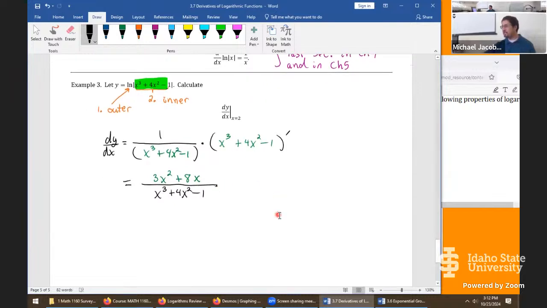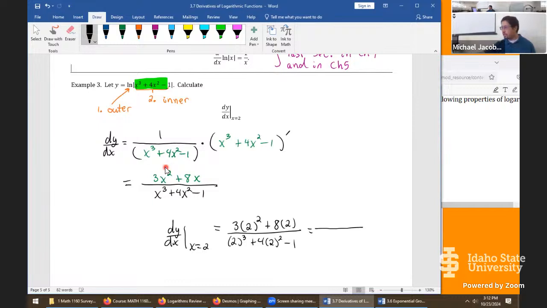Okay, well, here's our end answer to this then. The derivative of y with respect to x evaluated when x is 2 just means we're throwing 2 for x's. It becomes 3 by 2 squared plus 8 by 2 divided by 2 cubed plus 4 times 2 squared minus 1.